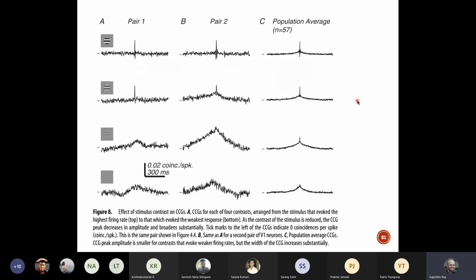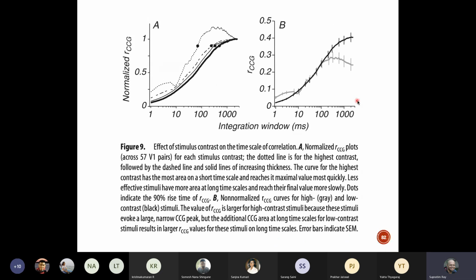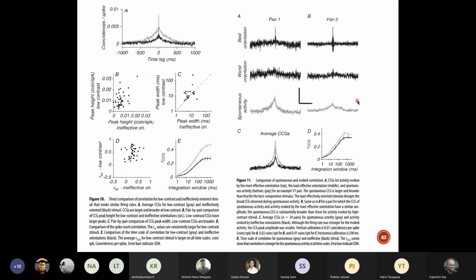Okay, so manipulation of contrast and manipulation of orientation have very different effects. And a simple measure like spike count correlation and CCG is able to capture all of this.